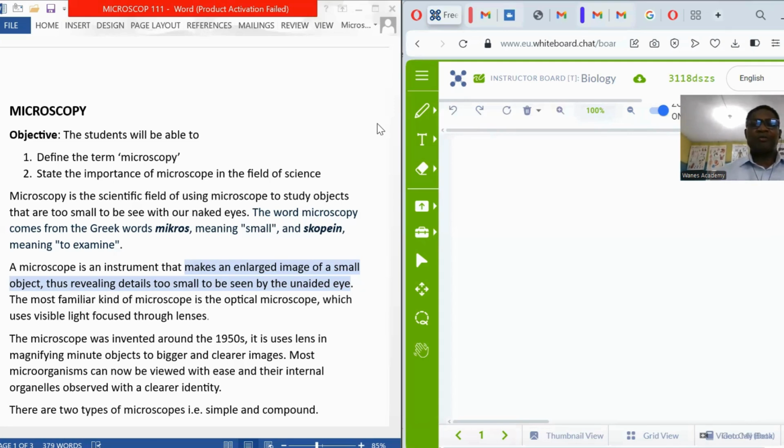Now, let me give you a little overview of what microscopic organisms are. Microscopic organisms, as I said earlier, are so small that they cannot be seen with the naked eye. They can be animal-like or plant-like. The Spirogyra, for example, is a plant-like microorganism, while the amoeba is an animal-like microorganism.